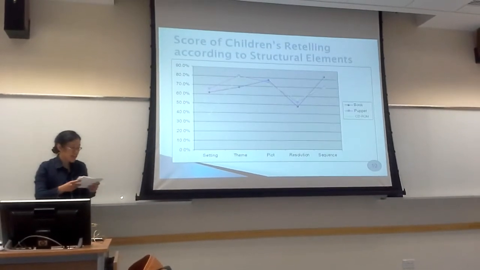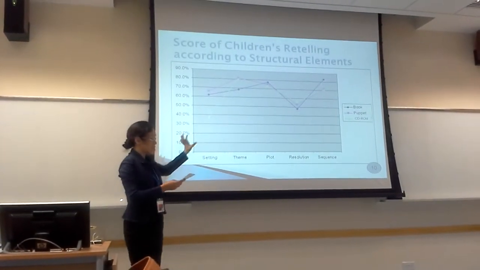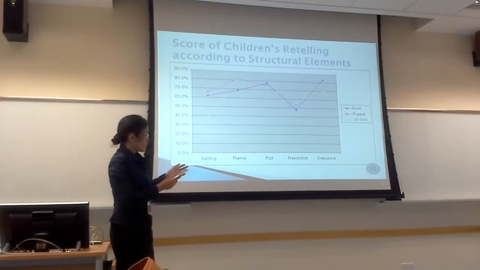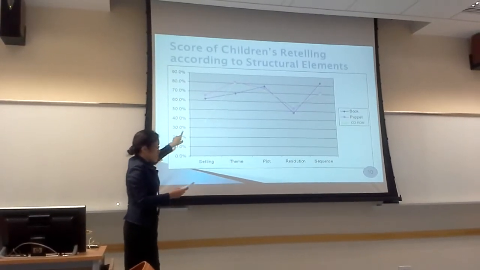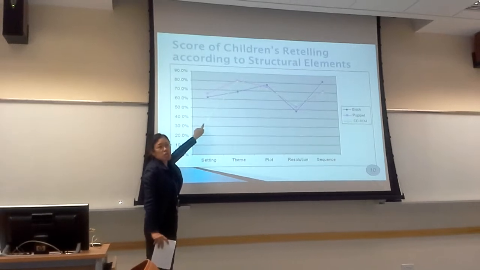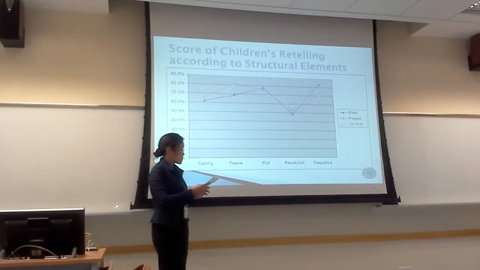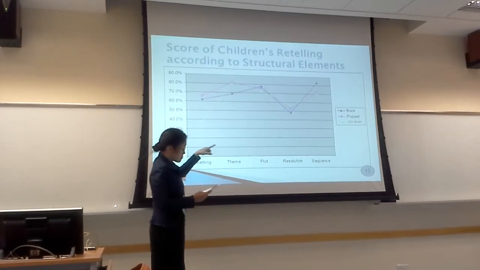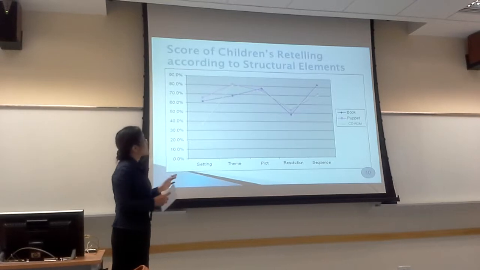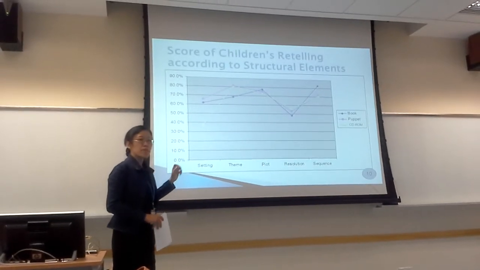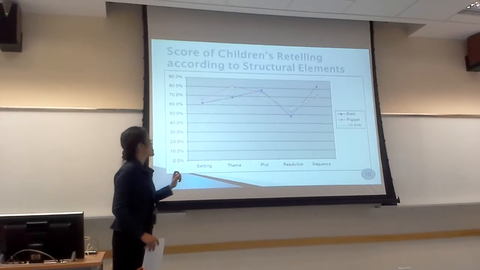Now, this slide shows the mean score of each structural element tallied according to media. As you can see, for setting, CD-ROM achieved a significantly lower score compared to the rest of the media. For the rest of the structural elements, the 3 media attain comparable results, not too much of a difference.